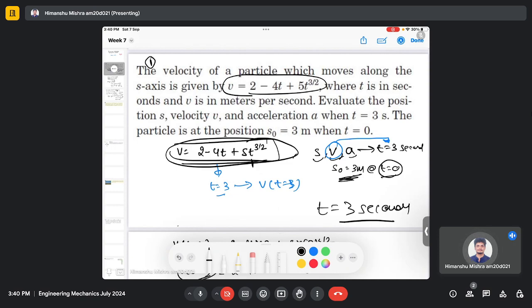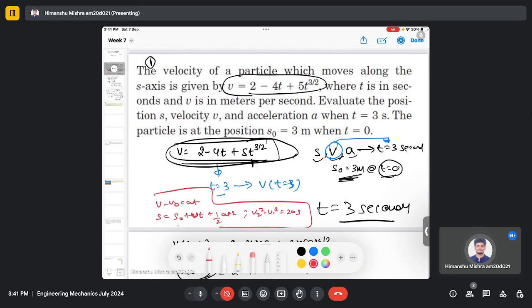Before this question we actually derived three expressions like this. So we derived these equations, and these expressions are valid when the acceleration is constant.